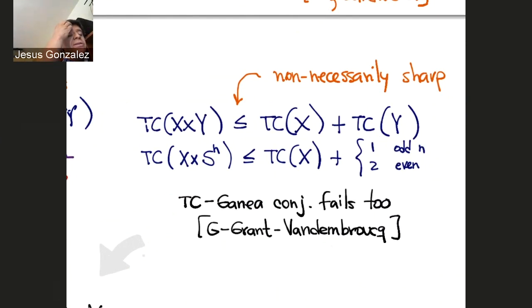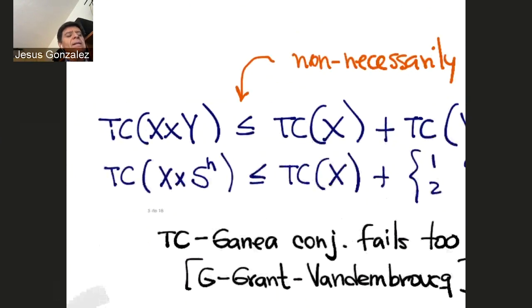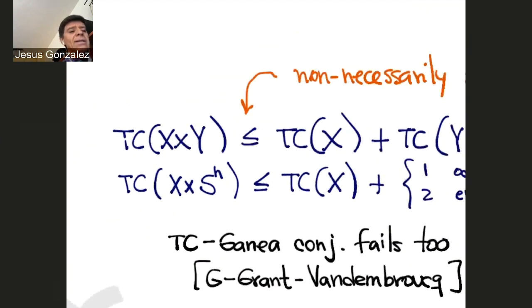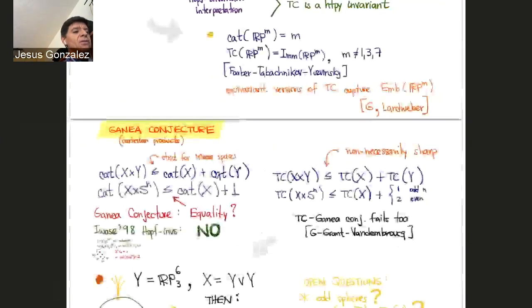One of the results that we got with Lucille and Mark Grant is that there are also examples of this for topological complexity. Expecting that this inequality is always an equality is false. You can cook up examples where this is false.